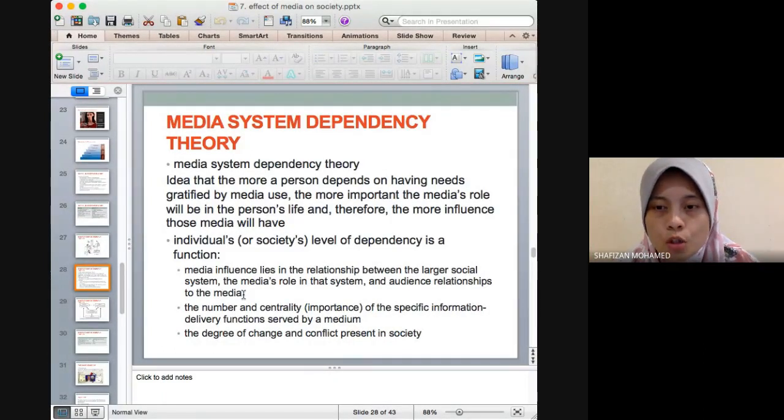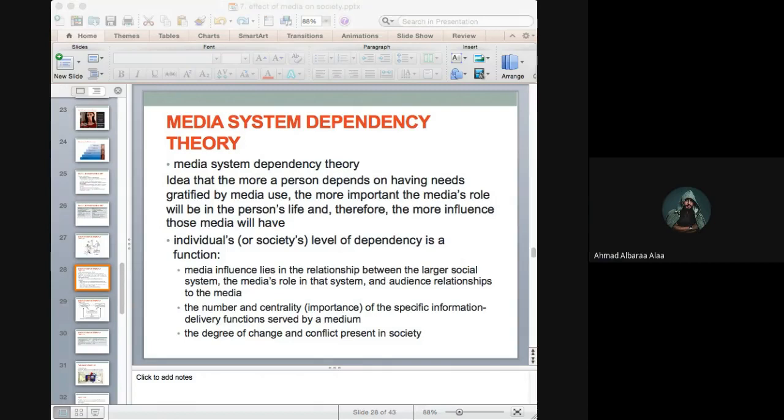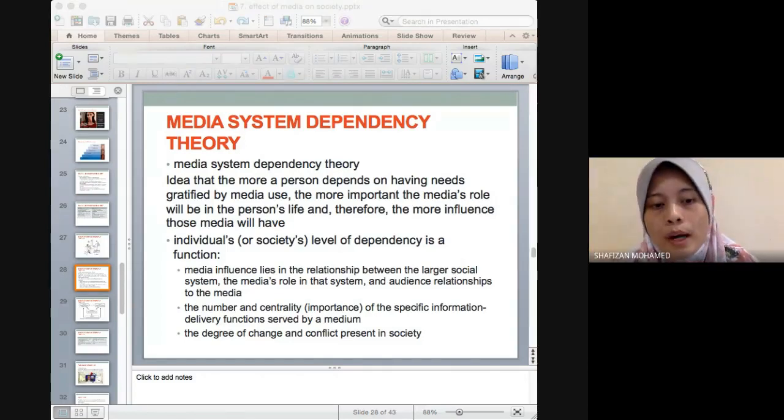Which one of these 2 examples, the Singaporean mom or the Namibian mom, will be more dependent on the media, you think? Singaporean. Obviously, the Singaporean. Why? Although she only has 1 kid and this other mom has 5 kids.